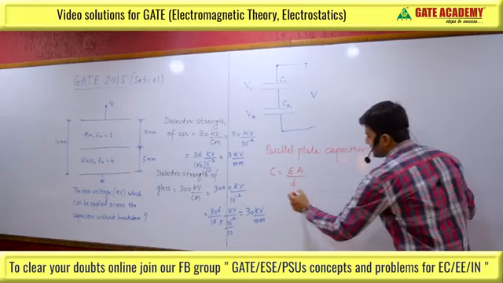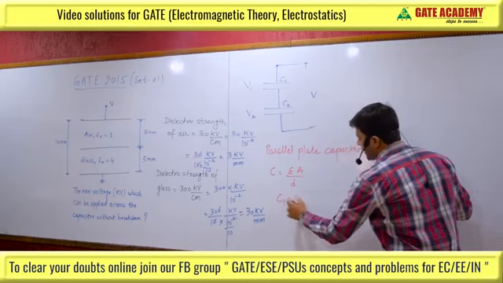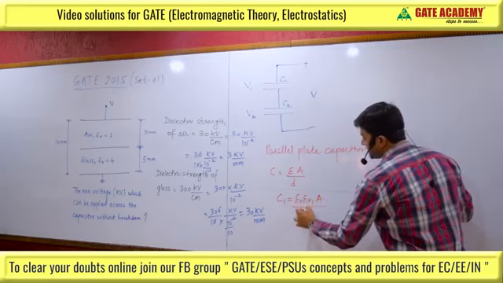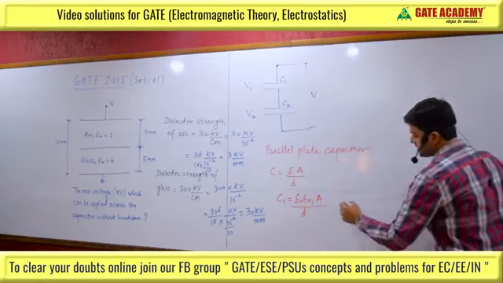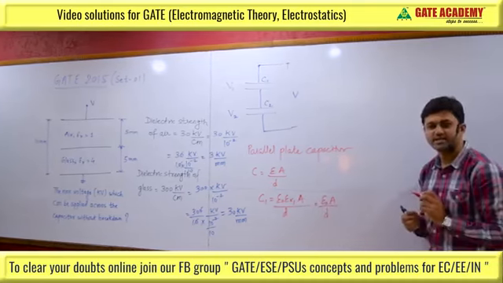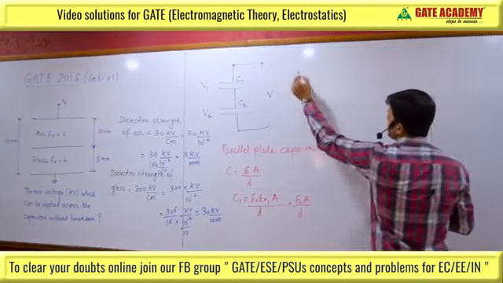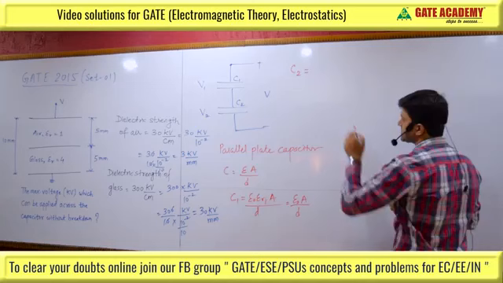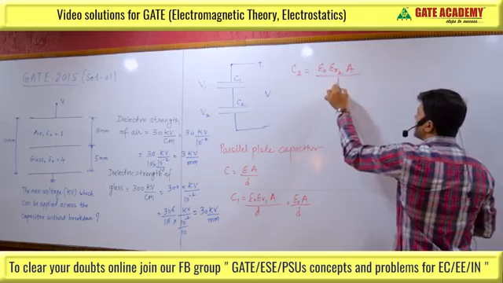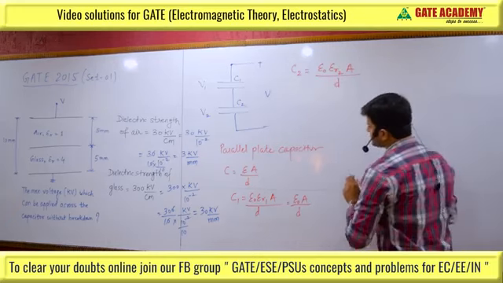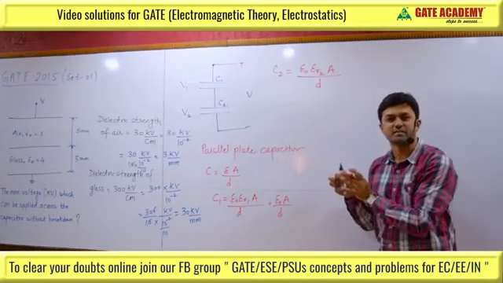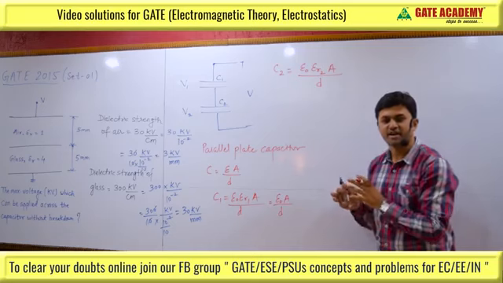So here for air the capacitance C1 will be epsilon naught epsilon r1 A divided by d, and this is nothing but epsilon naught A upon d, because epsilon r1 is 1 for air. Now this capacitance C2 will be epsilon naught epsilon r2 A divided by d, because the distance between the plates is the same for both capacitors, and the area of the plate is also the same.